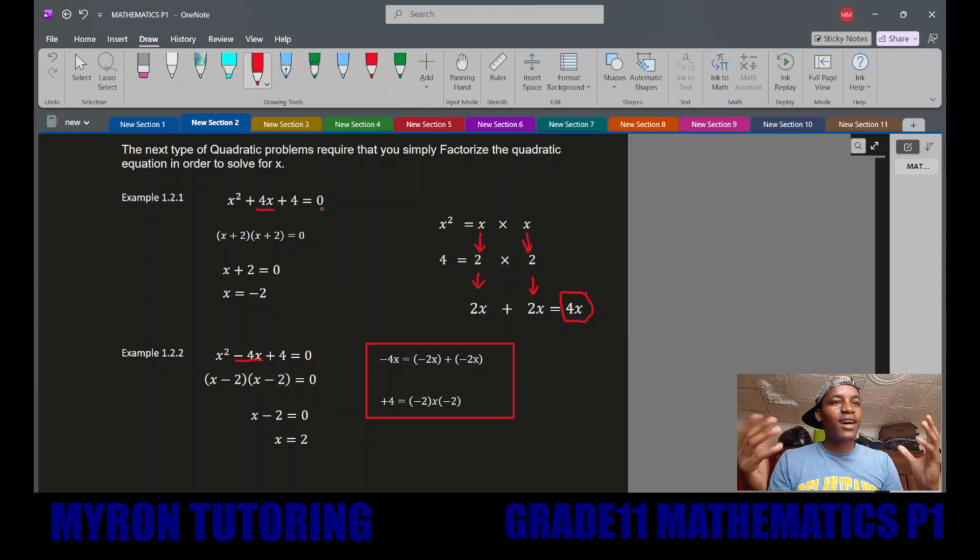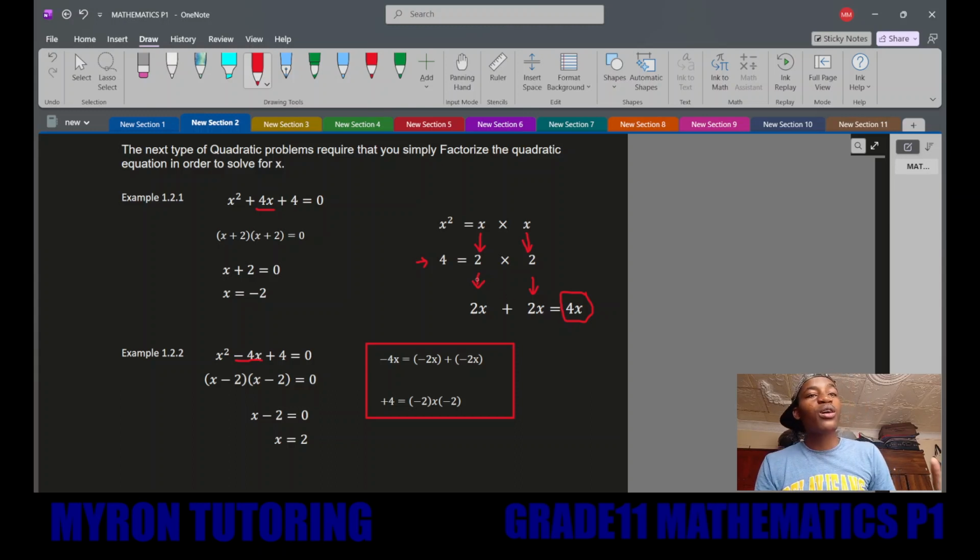The answer is yes. Why can we factorize? How is it possible that we can factorize this? x squared is just x times x, and 4 is just 2 times 2. We quickly realize that x times 2 will be 2x, and x times 2 will be 2x. And when we add 2x and 2x, it will give us what? 4x.